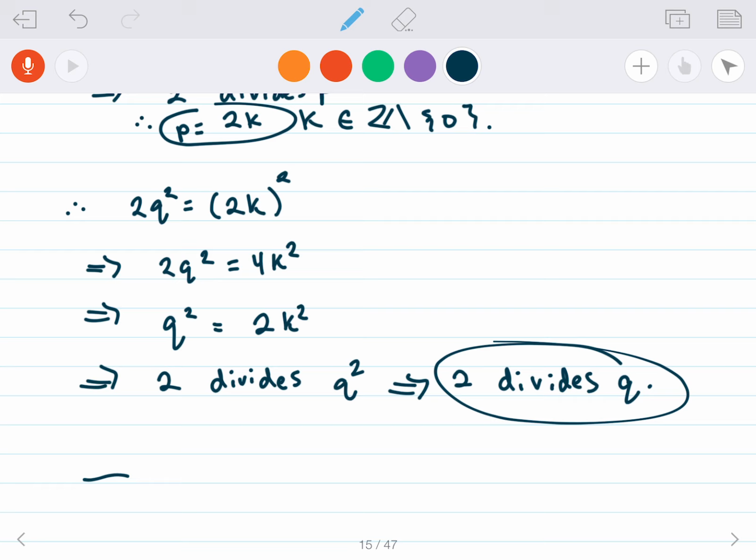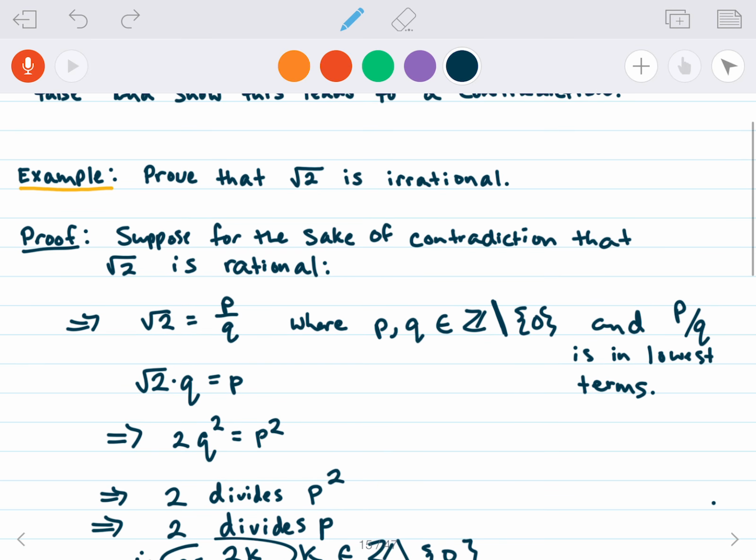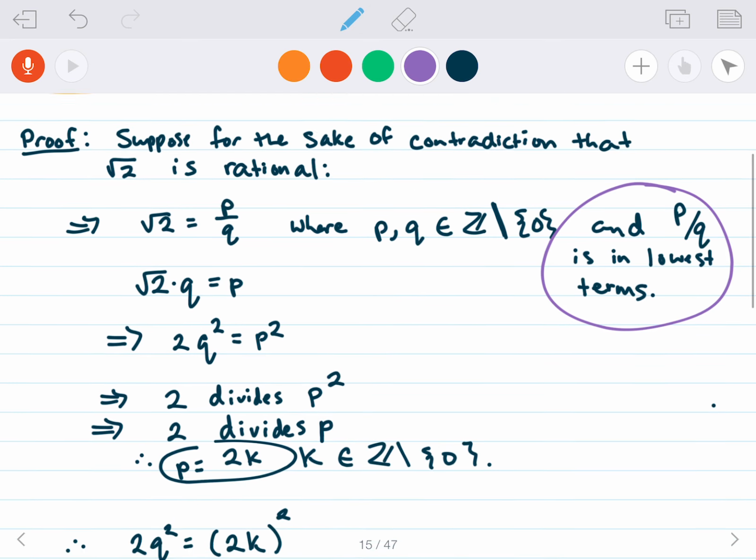Okay, why is this a contradiction? The sign for contradiction is these two arrows that run into each other. So why is it a contradiction that 2 divides both p and q? Well, up here, we assumed that p and q were in lowest terms. That means they can't have a common divisor that reduces them even more.